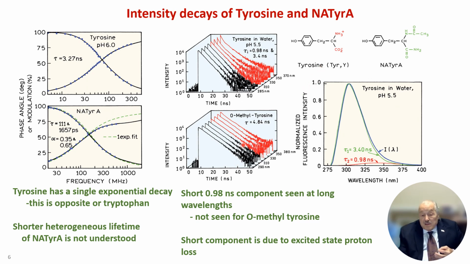Of course, if you do the experiment with O-methyl tyrosine, which doesn't have any proton to lose, it's a single exponential. So tyrosine also has its complications, but the tyrosinate emission is very minor compared to the total tyrosine emission.